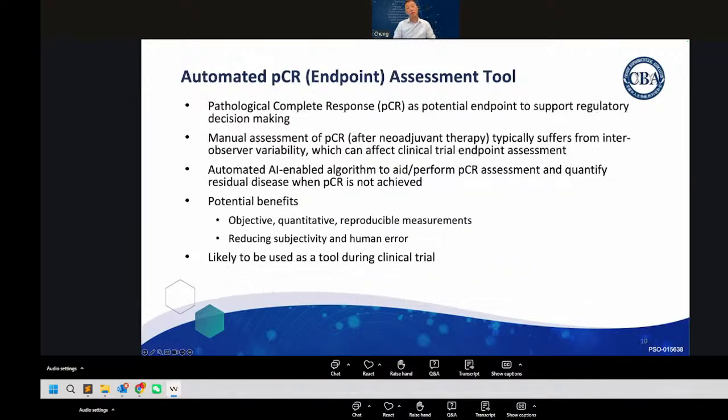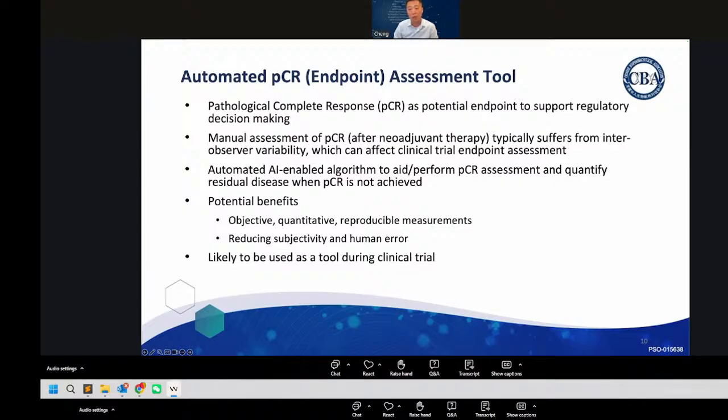The next use case is regarding endpoint assessment, using computational pathology to automatically assess pathological complete response. The pCR is increasingly used as a surrogate endpoint, particularly in breast cancer, for regulatory approval decisions.